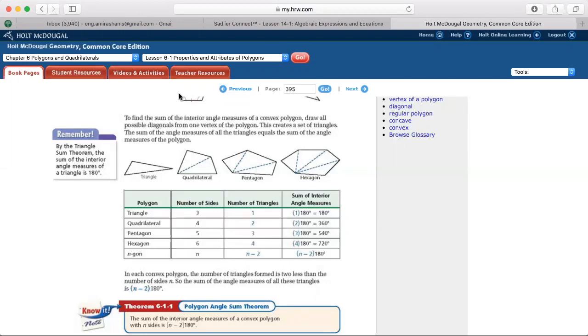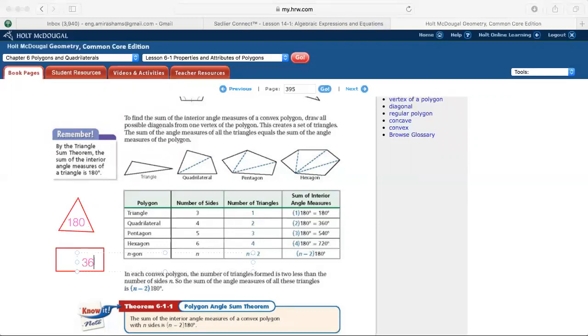Like if I have here a triangle, I know that the measure of the three angles of the triangle is 180, right? Okay, if I have a quadrilateral, any four sides shape, the measure of the four angles is 360. I want to know the total measure of the angles of any polygon.